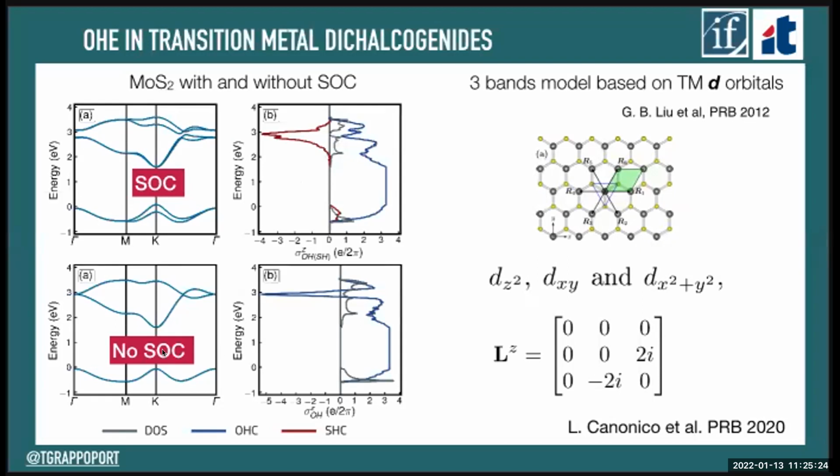So you can see that without spin orbit coupling, we don't have spin Hall effect, as we should expect. Here we see that there is no spin Hall effect in the gap. And in blue, we have the orbital Hall effect. And surprisingly, we see a nice plateau of the orbital Hall effect inside the TMD gap. And not only that, but this plateau has more or less the same intensity, regardless of having spin orbit coupling or not, so definitely not related to spin orbit coupling.